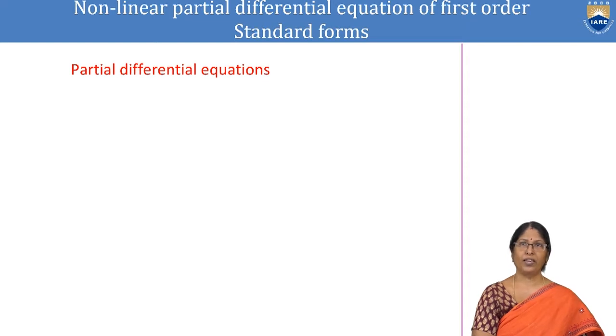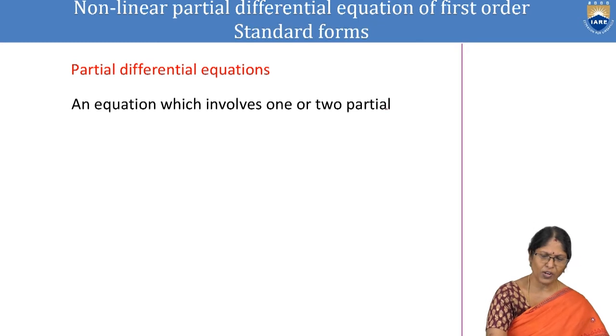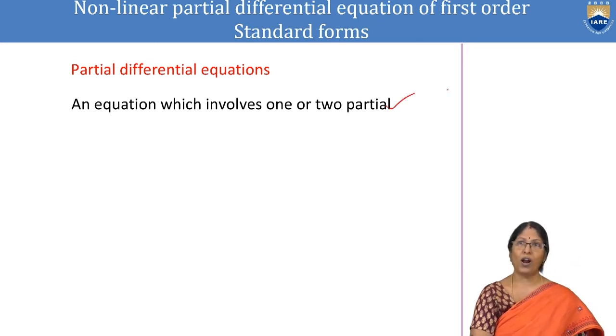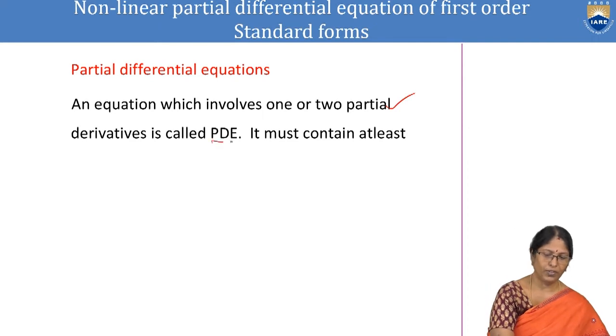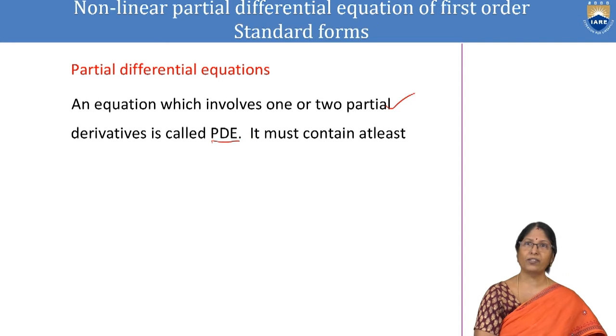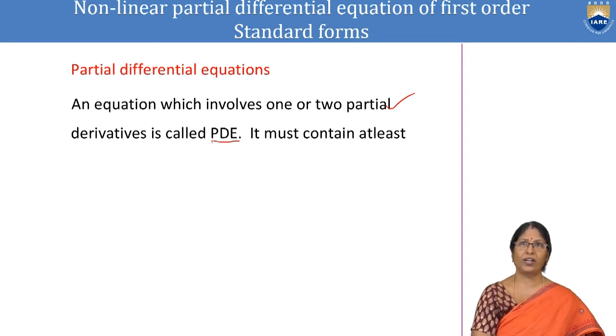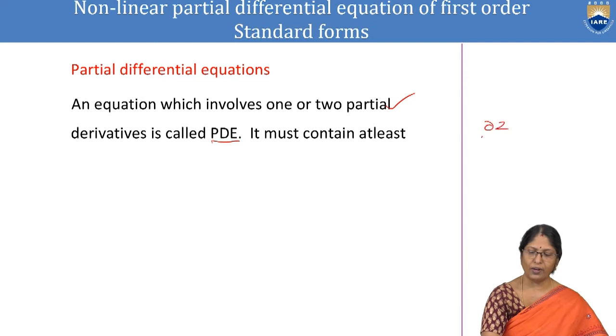Partial differential equation: an equation which involves one or more partial derivatives is called a PDE. That is, PDE represents partial differential equation. Now, dou z by dou x, dou z by dou y.